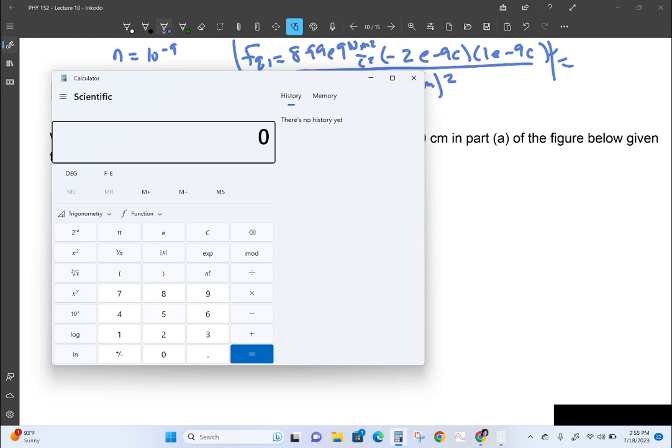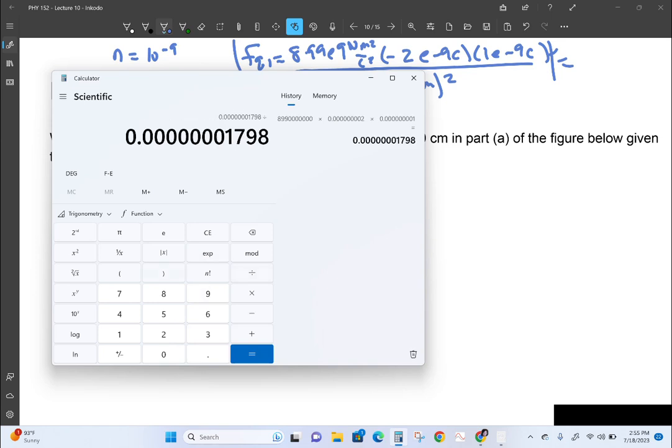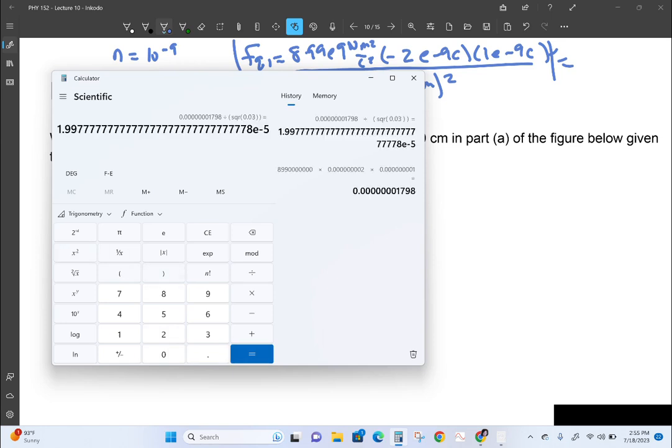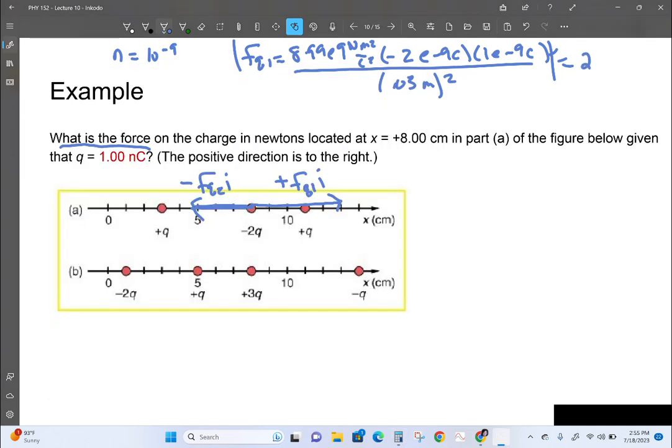All right, so this is going to be 8.99 exponent 9 times 2 exponent negative 9 times 1 exponent negative 9 equals, divided by the quantity 0.03 squared, and that's going to be 1.99 or 2.00 e to the negative 5.